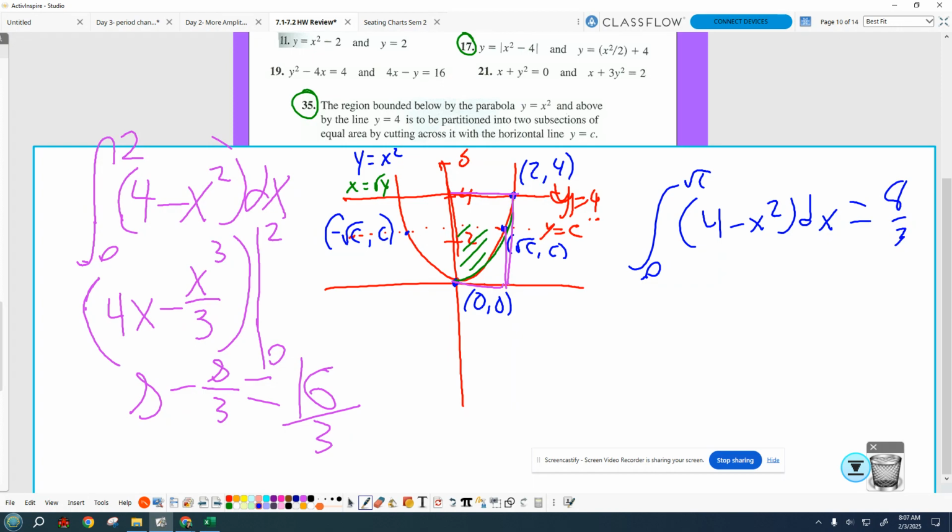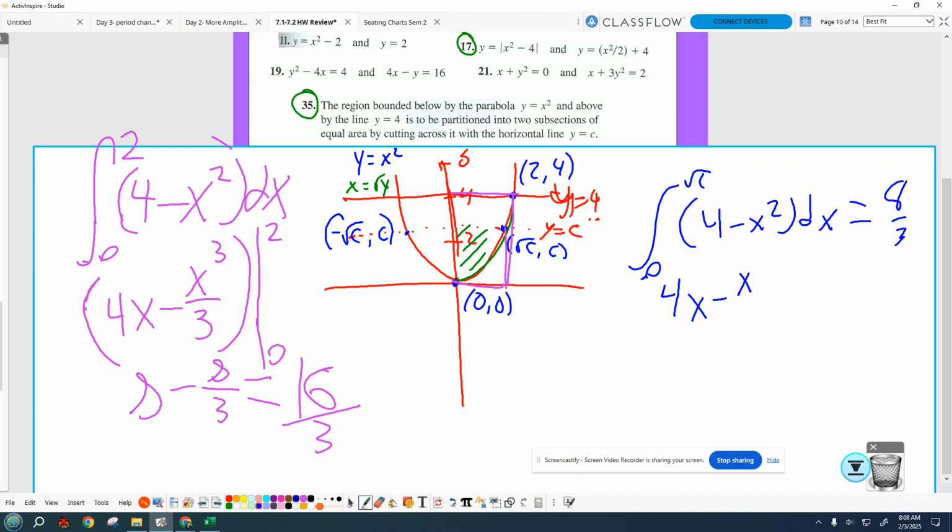The integration's kind of already been done, so just plug in. Kari, just because you picked the card doesn't mean you have to be the one. So integrating the left, Max has already got it written. 4x minus x cubed over 3. Should I write it? Yeah.